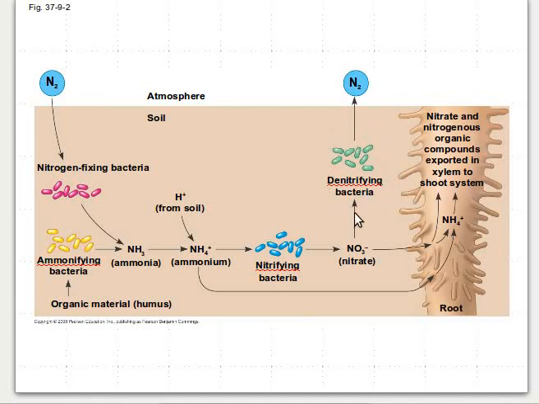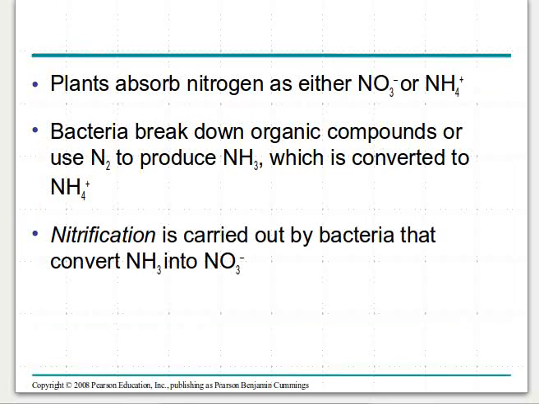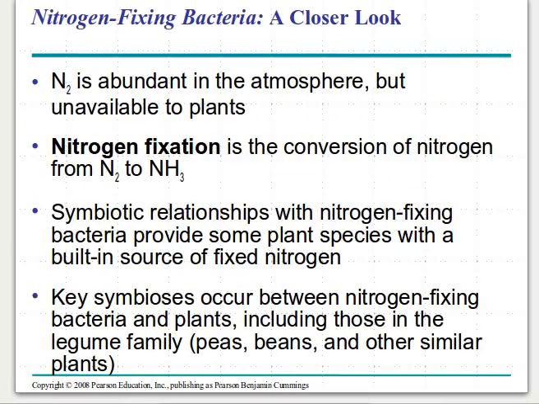These will take nitrate and turn it back into N2 gas, back into the atmosphere. So we'll go over this more in class. The nitrogen cycle is pretty important and pretty complex.